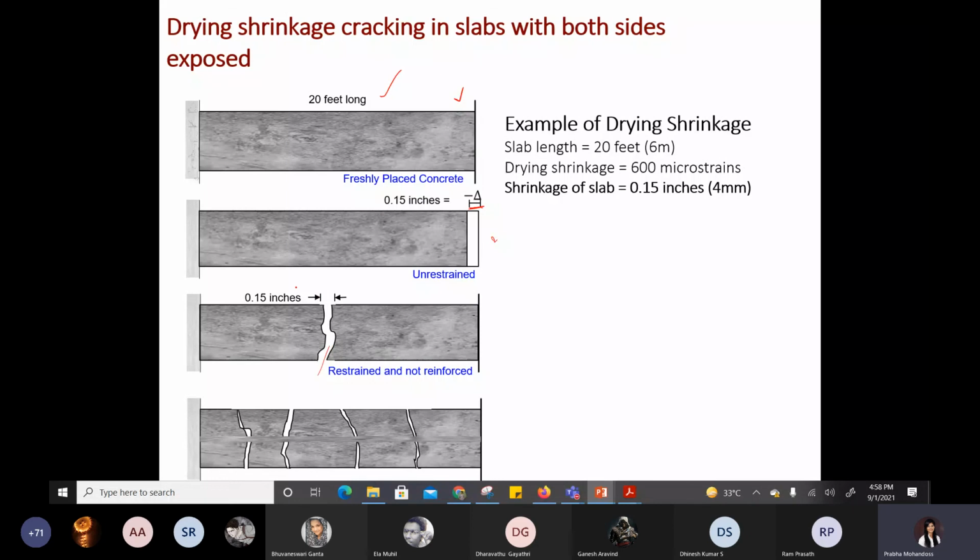The crack width will be about 0.15 inches, which would be the normal deformation that you expect, that is the change in length when you do not have any such restraint, right? So this is the case for plain concrete, whereas when you have steel rebars inside the concrete, they help to distribute the crack. So the crack distribution will be there when you have rebars.